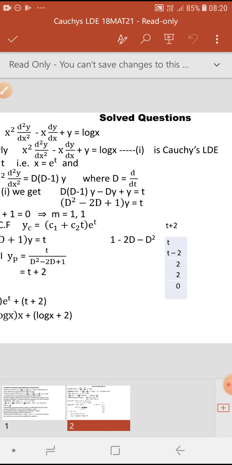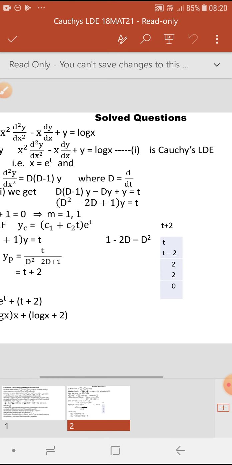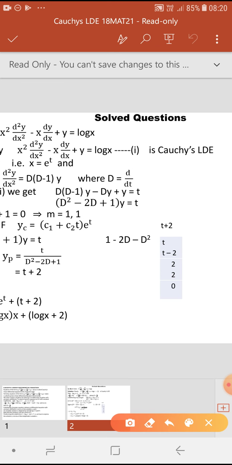Dividing the numerator by the denominator by the long division method, till you get a 0 remainder, your quotient will be t plus 2.